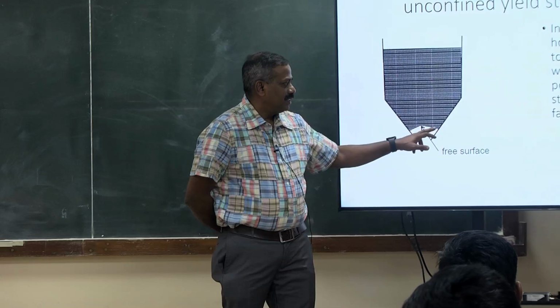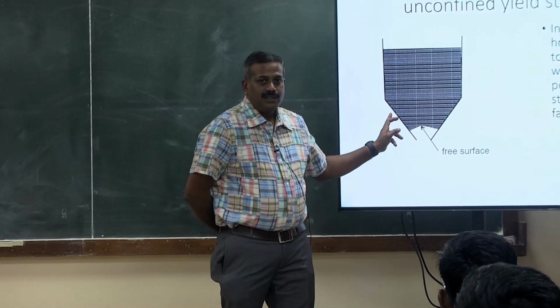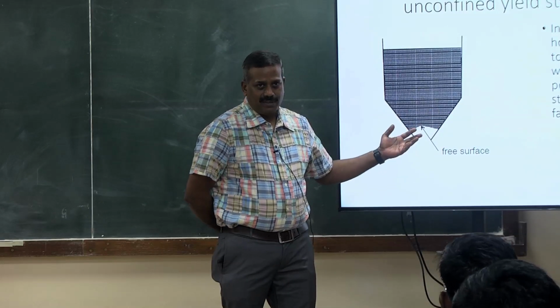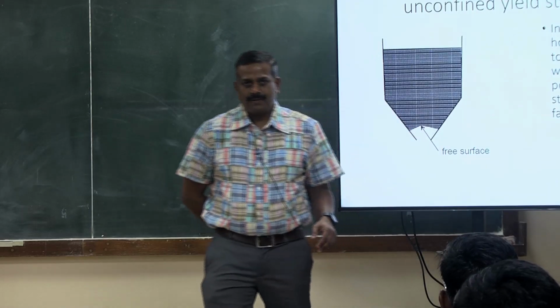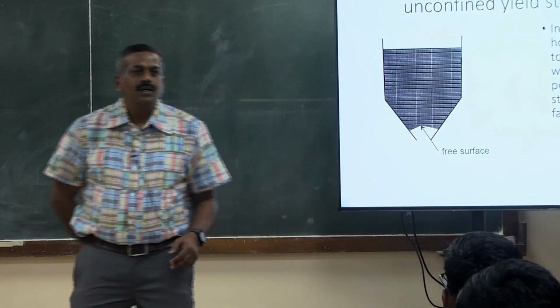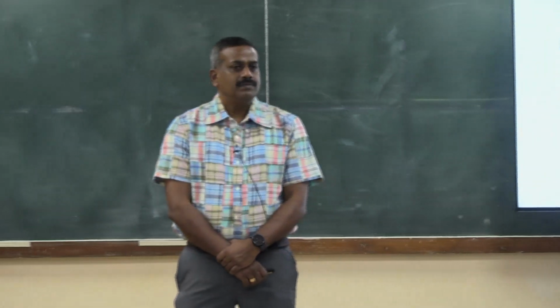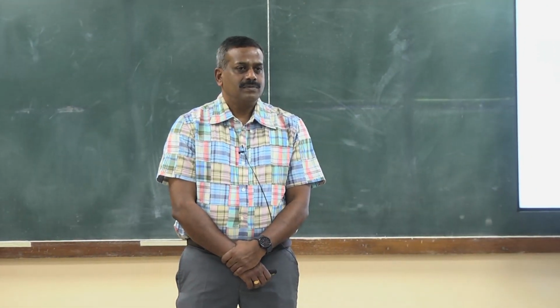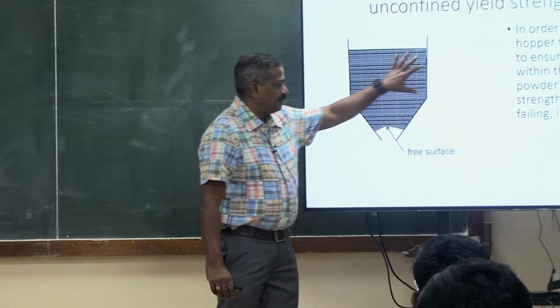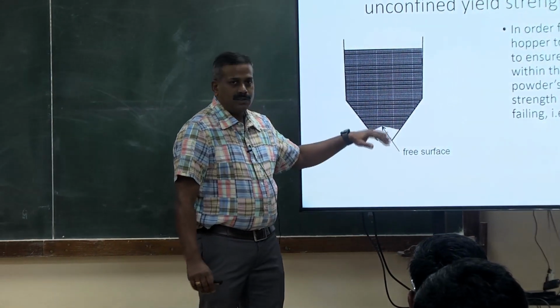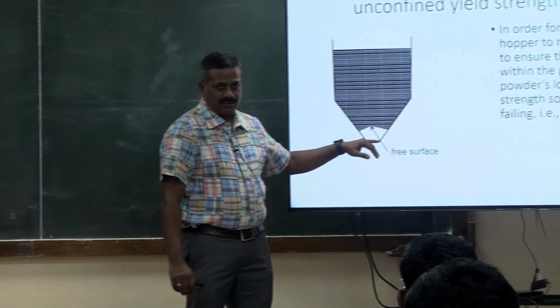If it's not well designed, then the strength at this arch will be higher. So it doesn't depend on stagnant zones, though funnel flow means stagnant zones are there. I'm not talking about anything flowing from here. I'm just talking about the breaking of this layer and flowing.